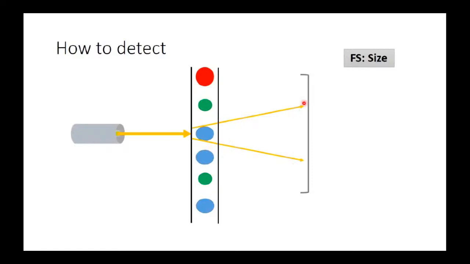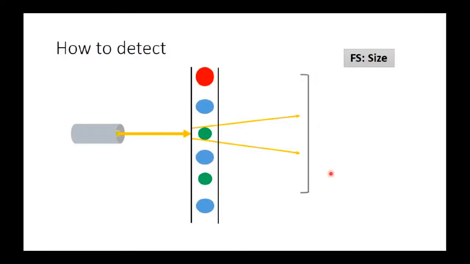Because the cells scatter a particular amount of light in the forward direction, but when the cell is bigger, more forward scattered light will be detected. And when the cell is smaller, the cell will scatter less light in the forward direction. So the forward scattered light is directly proportional to the size of the cell.